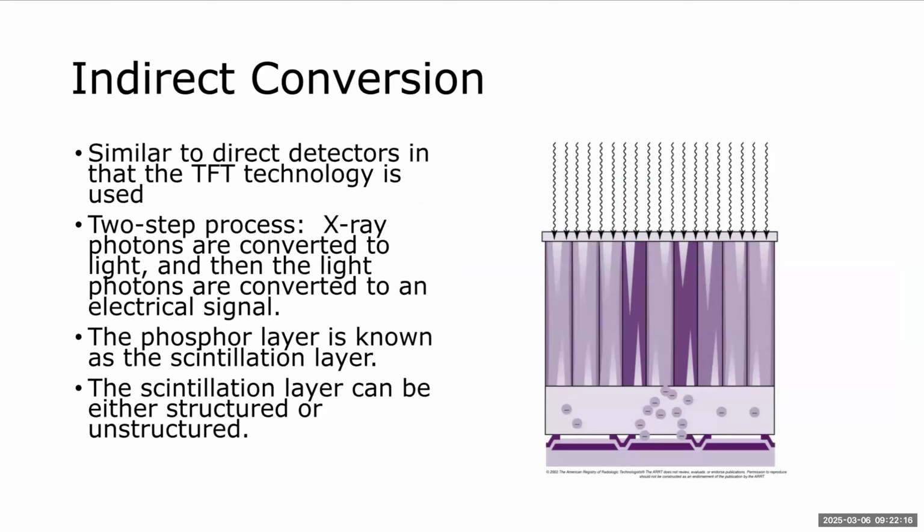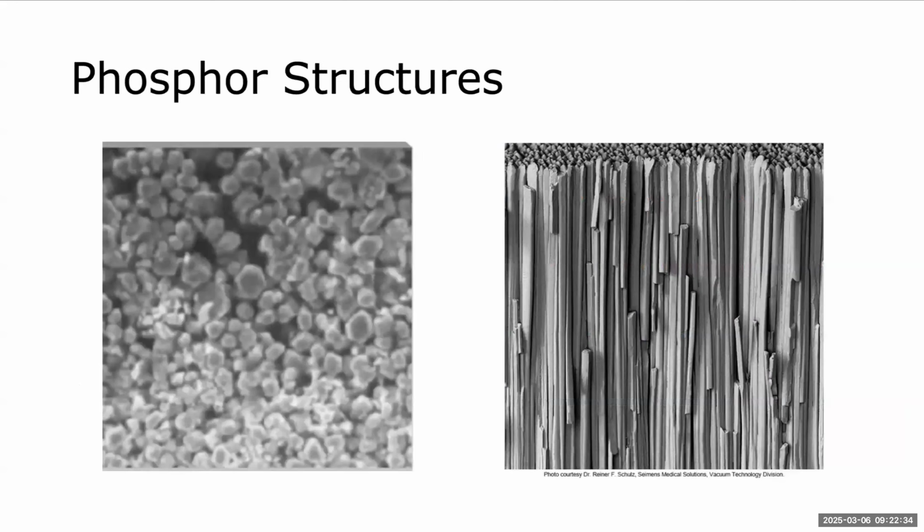In an indirect type, the photons interact with the phosphor layer that's known as the scintillation layer. And we know that scintillation means that light is going to be given off. That scintillation layer can either be structured or unstructured. So again, we go back to turbid or columnar or needle types of phosphors. That's talking about the scintillation layer.